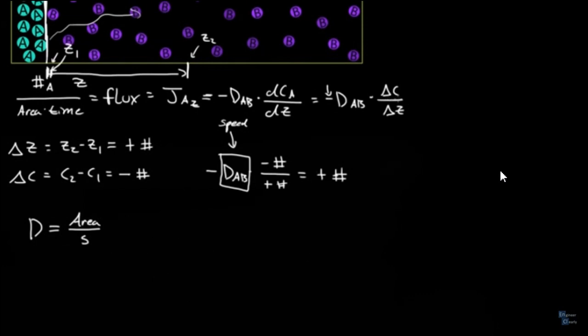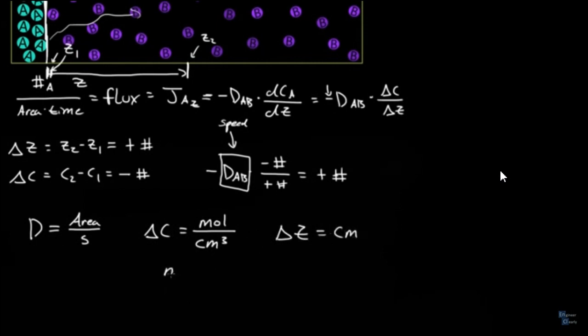Well, it's actually due to this delta C, delta Z, where delta C is the number of ions, or usually moles, per volume, or centimeters cubed. And that's multiplied by delta Z, and delta Z is a length, so that's just centimeters.